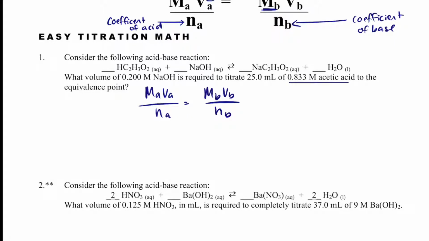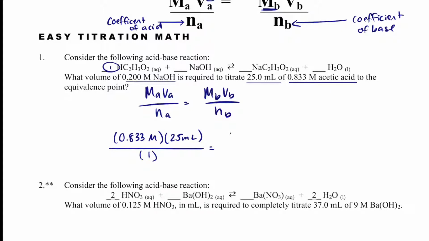I've got 0.833 molar acetic acid. I've got 25 milliliters of that. And the coefficient of my acid is just 1, so I'll put that in the denominator. That equals the molarity of my base, which is 0.2. The volume of my base, that's what I'm solving for, so that's just VB.